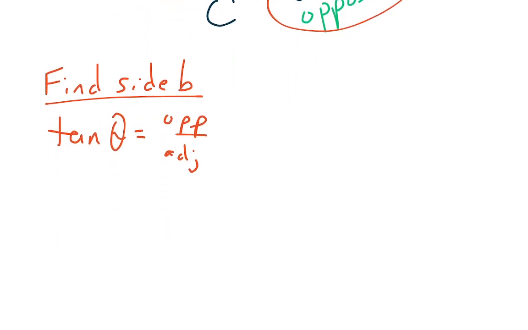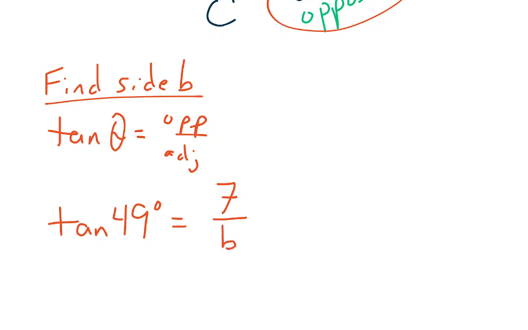Now, when you use tangent, you actually start filling in what it is that you're given. And so 49 degrees would make perfect sense to be filled in for theta. And the opposite, being the number 7, of course, is what I know, but the adjacent, that's what I want to know.